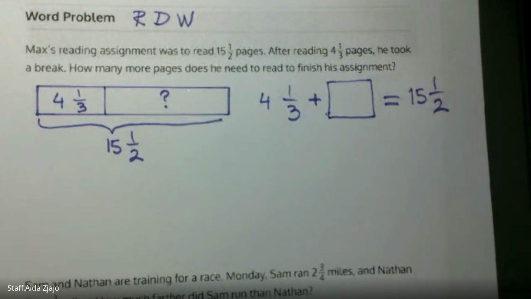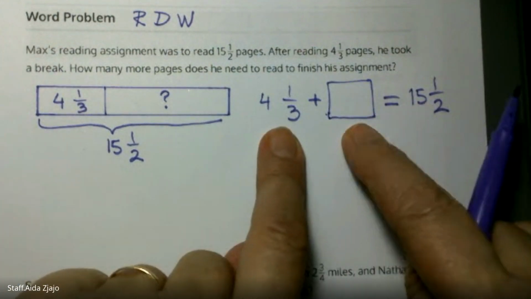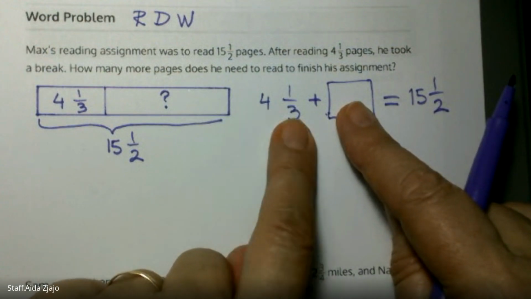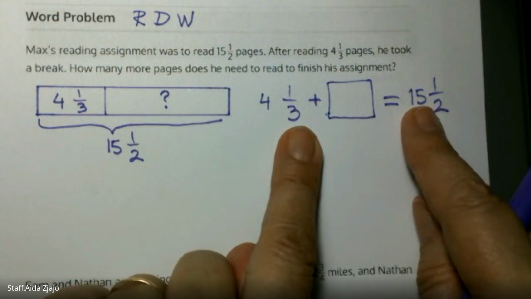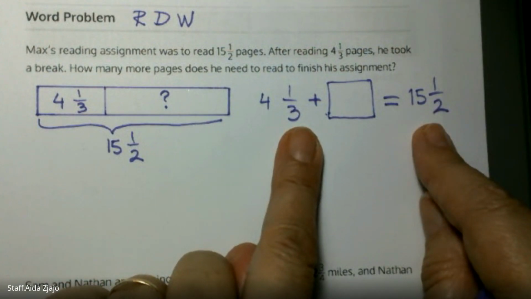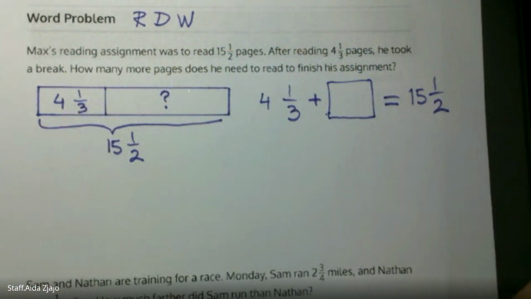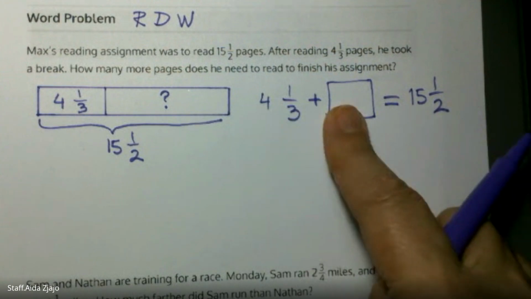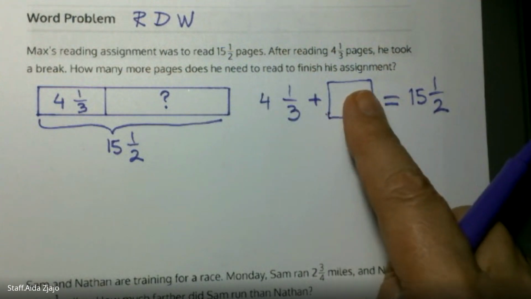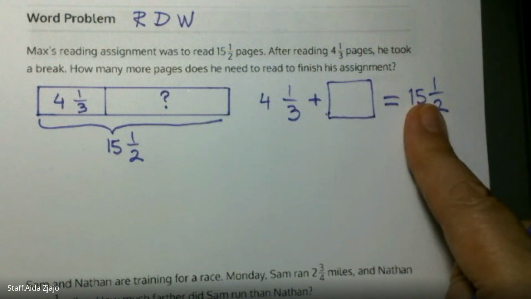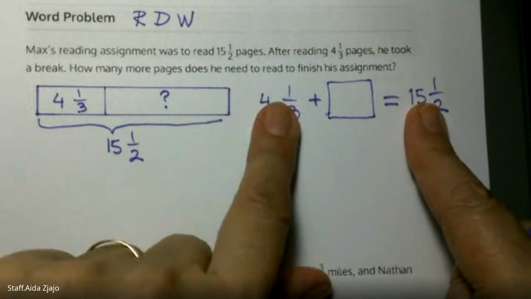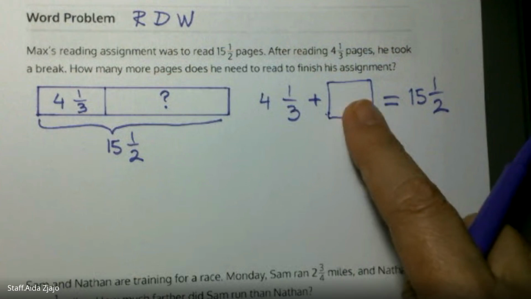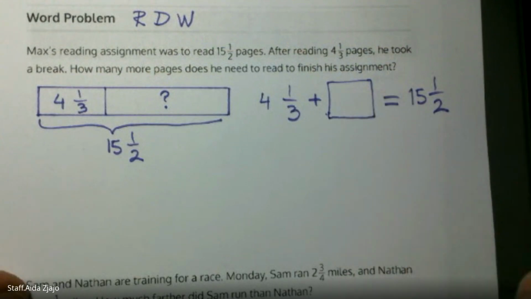That's how much more we need to add to 4 1/3 to get to 15 and a half. Another possibility is to use subtraction. If we have a part and a part is unknown, we know the whole. When we subtract the part from the whole, we're going to find the missing part.